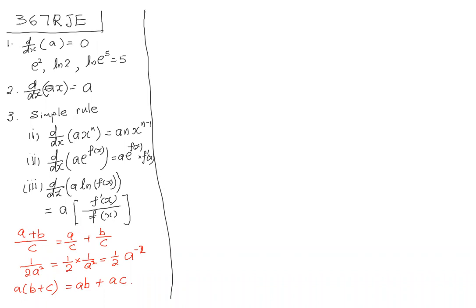So all these must be formulas that are in your mind. You have to ask yourself, you have to simplify first. So these are the indices formulas. So make sure you are familiar with all this.